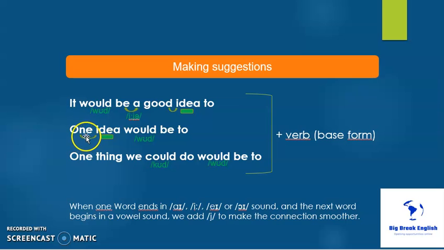So this also links. One idea would be to. And finally here we have one thing we could do would be to, again, could, would. The L doesn't sound. Okay, and all these are followed by the verb in the base form. Let's see how that works.